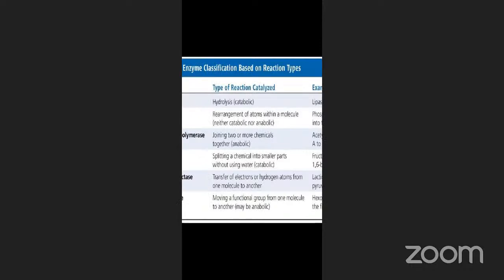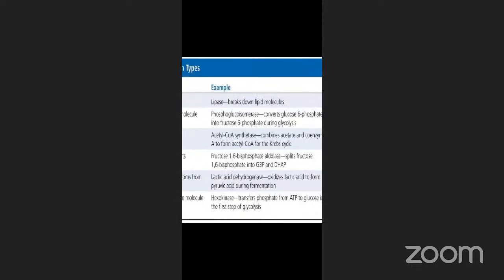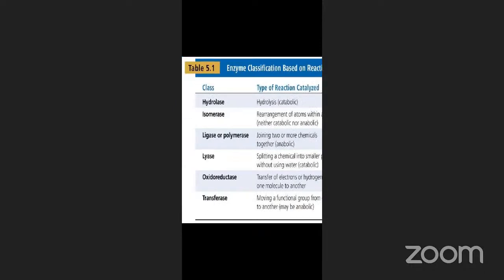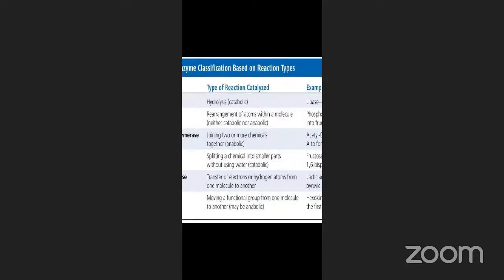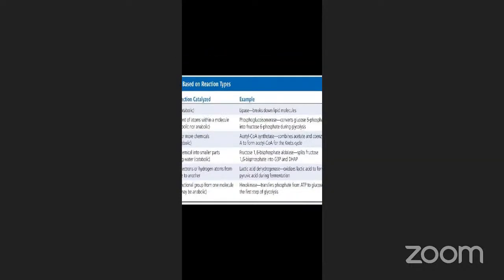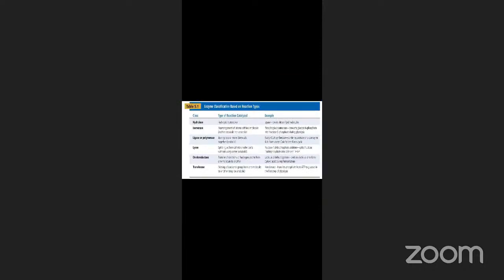Then oxidoreductases are involved in transfer of electrons or hydrogen atoms from one molecule to another, like lactic acid dehydrogenase. Then transferase means moving a functional group from one molecule to another, like hexokinase. Like this, all enzymes are classified into one of the 6 classes of enzymes. So first, enzyme isolation methods.